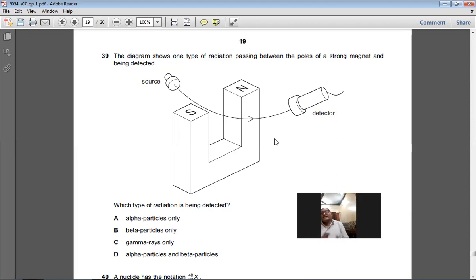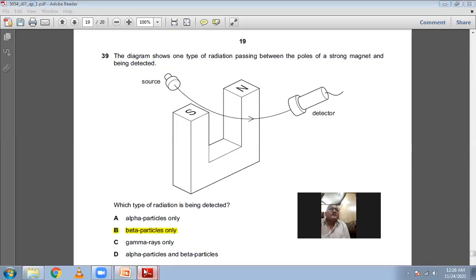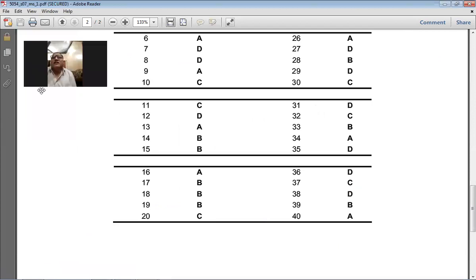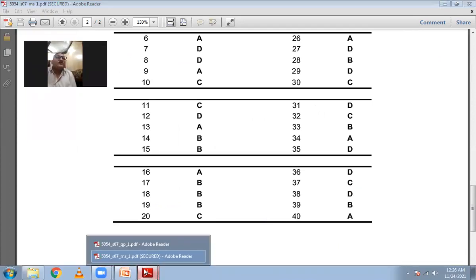Because this left-hand rule is for positive charges, these particles are negatively charged. So they must be beta particles. I think B is the best option. Question number 39, to me it looks B. Let's check. Question number 39, B is the right option, sir.